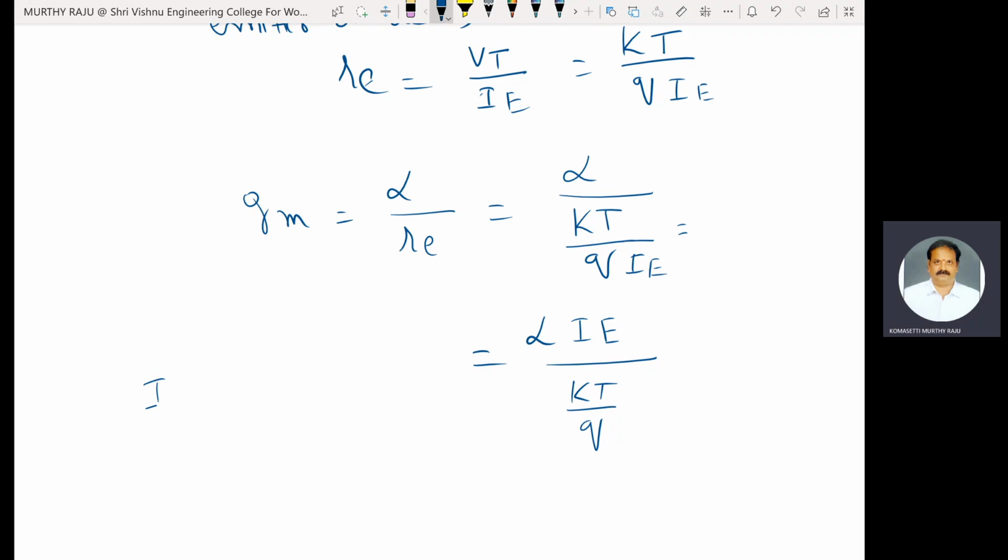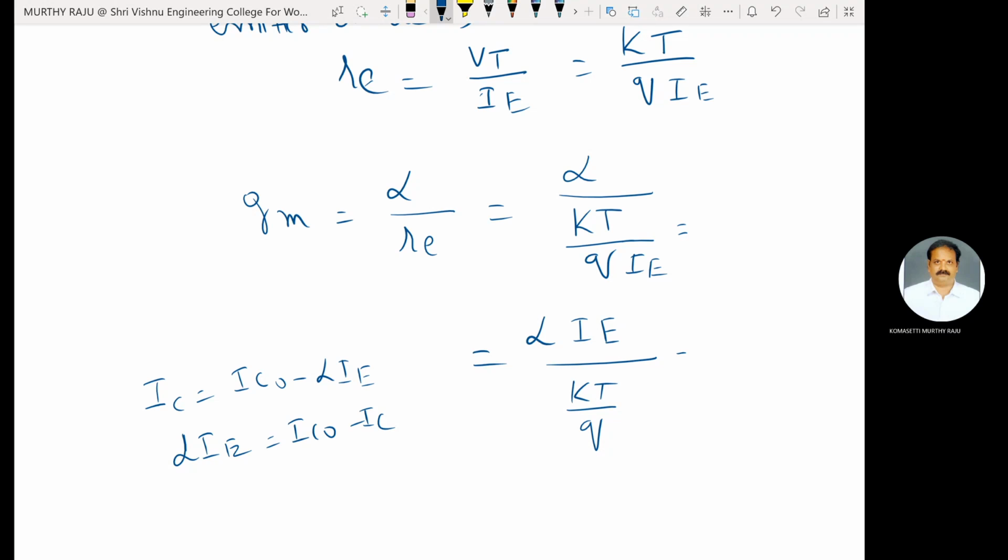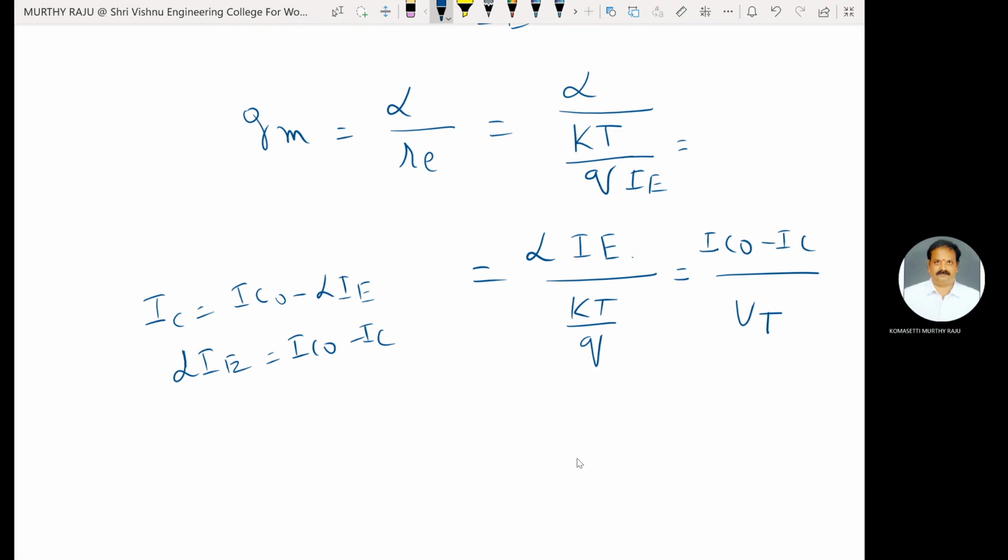We know that IC is equal to IC naught minus alpha IE. Therefore, alpha IE is equal to IC naught minus IC. Generally KT by Q is VT. For a PNP transistor, IC is negative.